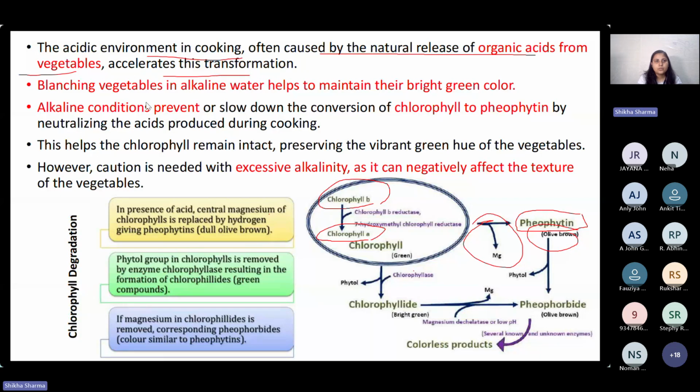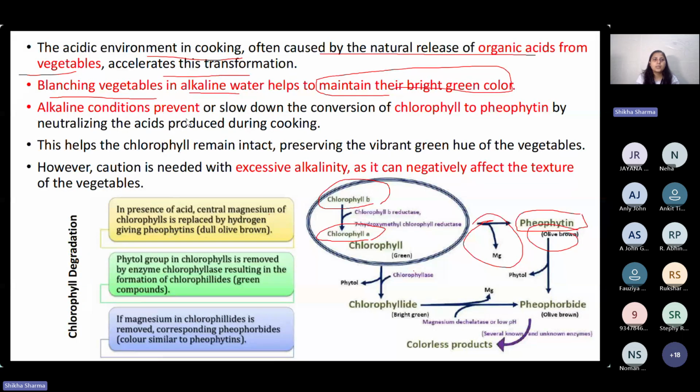To prevent this, the first thing we can do is blanching. If we blanch vegetables in alkaline water, we are increasing the pH. It may reduce the change to pheophytin and we can maintain their bright green color.